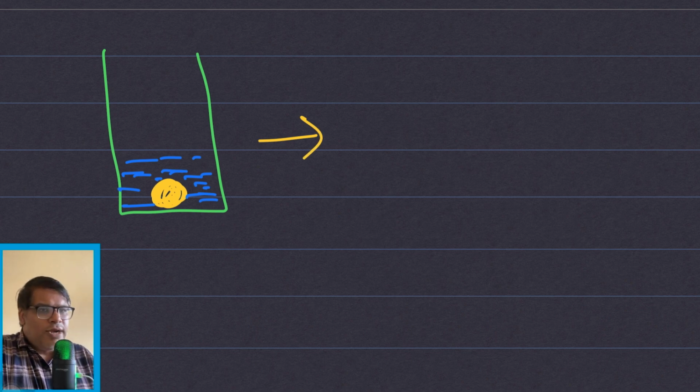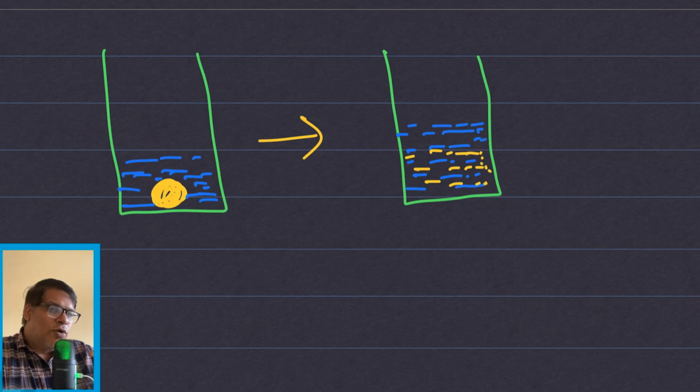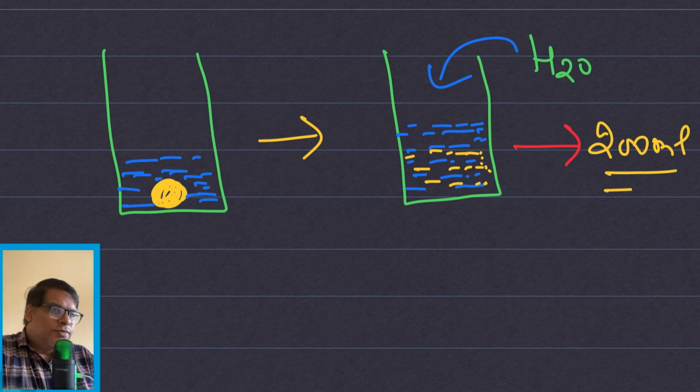Then you will add the rest of the water so that the final volume is 200 ml. Now you are controlling the volume also. If you prepare it this way, then you have prepared clearly and accurately 200 ml of 7% NaCl.